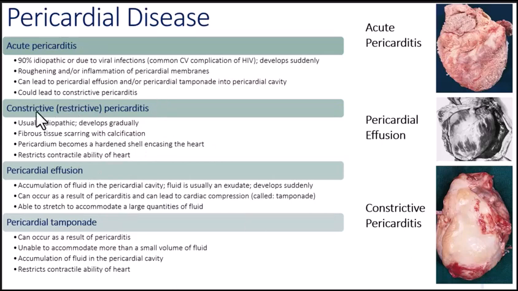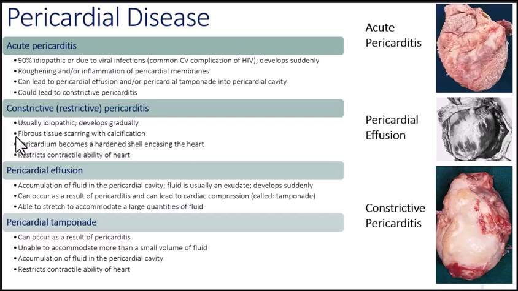Restrictive or constrictive pericarditis, unlike acute pericarditis, this develops gradually. So acute is suddenly, and this one develops gradually over time. And that's because there are a number of changes that are occurring within the pericardial tissue that takes time. Oftentimes the cause is idiopathic, not known. But what's involved with constrictive or restrictive pericarditis is there is the formation of fibrous tissue, so it's like scarring, and the presence of calcifications.